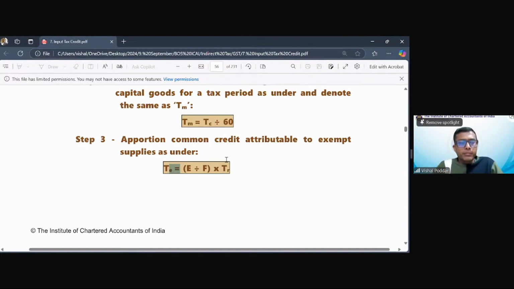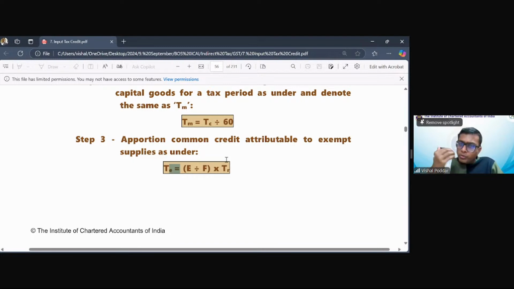For example, suppose initially you have taken 100 as ITC on those capital goods. Every month, suppose it comes to 5. So from the 100 which we have already taken, this 5 will be reduced from that 100. Now that 100, you may have already used it, because every month you are selling goods, you are having outward supply.